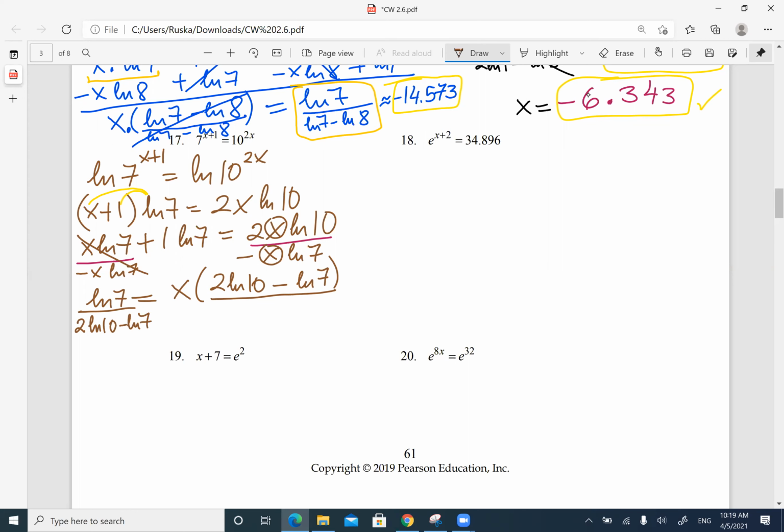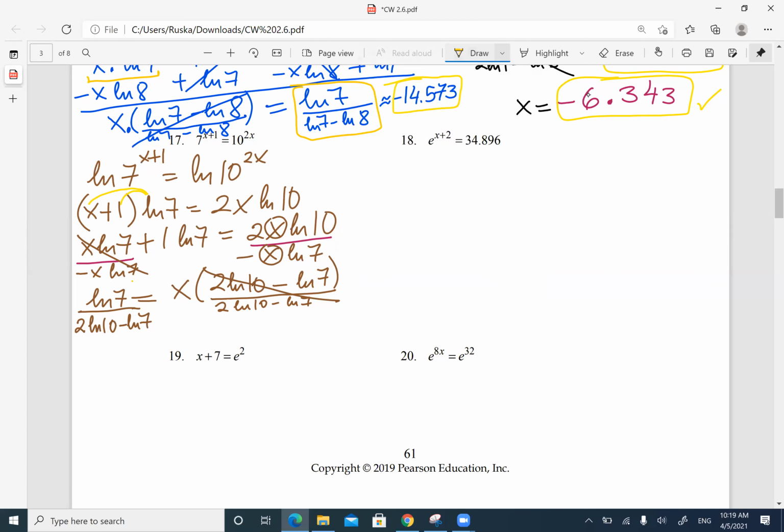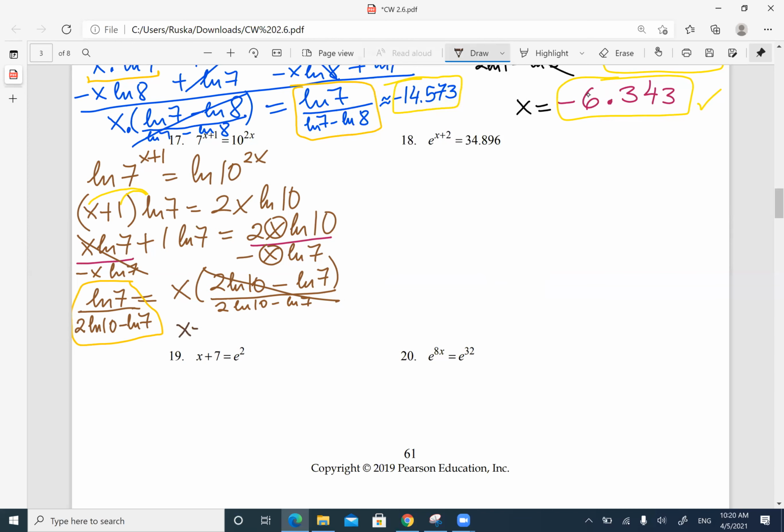And that's what I need to put in the calculator. So this cancels. And when I plug that into the calculator, I should get my decimal. So this is the exact solution. And when I plug it in, I'm going to get my approximation. So I'm going to get x equals something here.